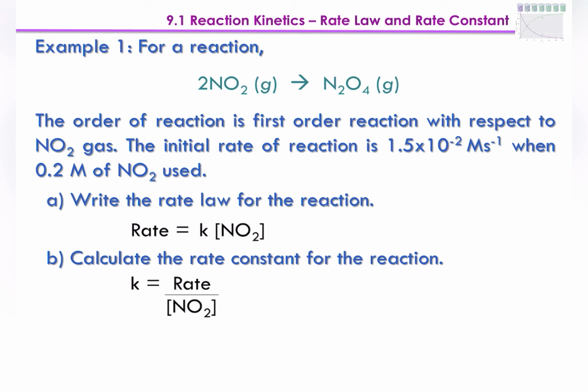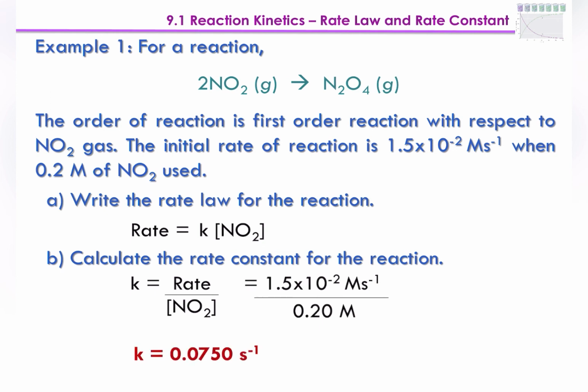And then you got the concentration of NO2, 0.2 molar. So just insert those values. You will get the final value for the rate constant, 0.0750 per second. How did this happen? Because molar here already cancels out, so what remains is only per second. So that's why this is going to be the unit for the rate constant.